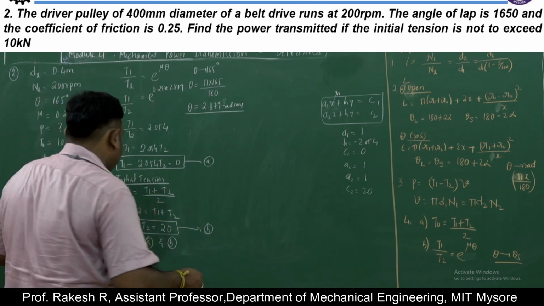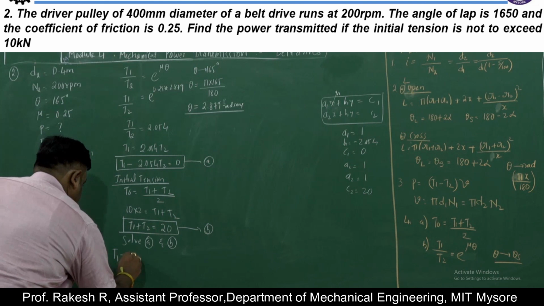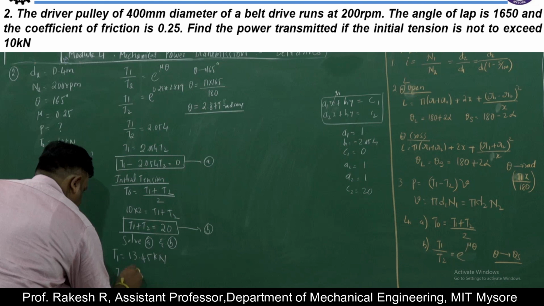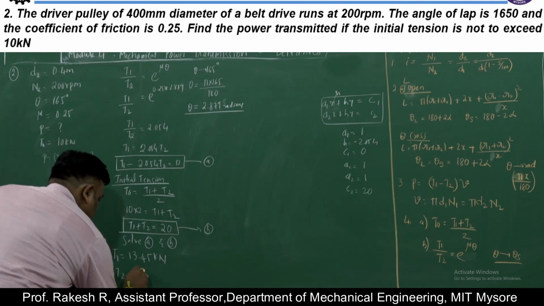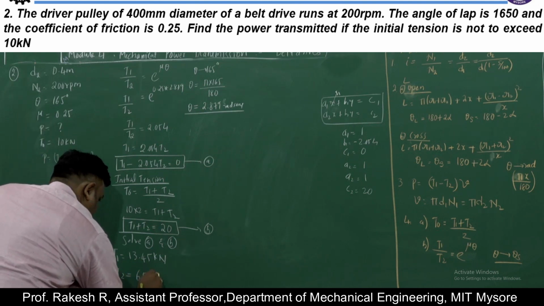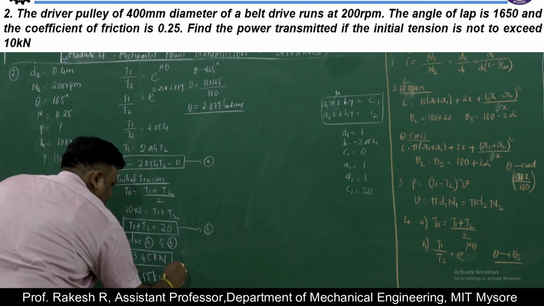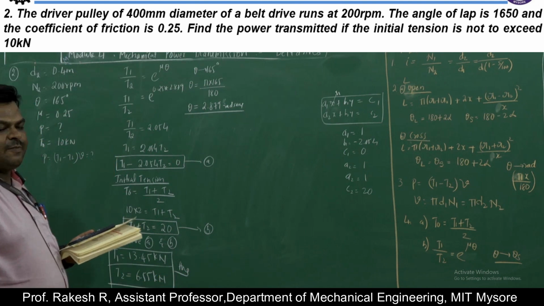Then you will get T1 as 13.45 kilonewton, then T2 as 6.55 kilonewton. These are the values you will be getting. Once you calculate this, 50% of the problem is over.